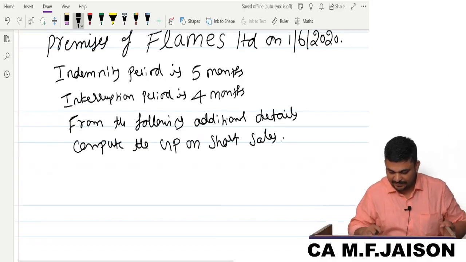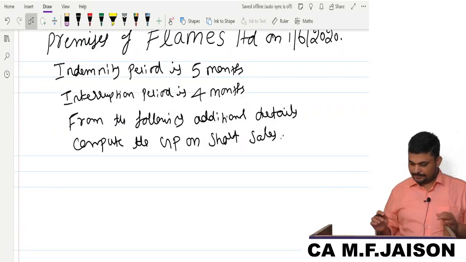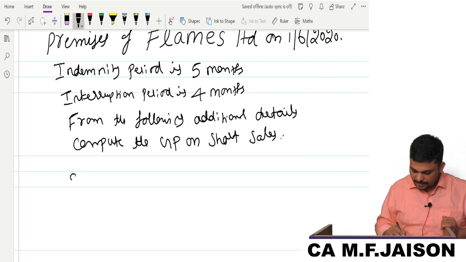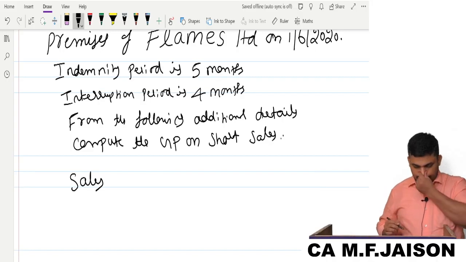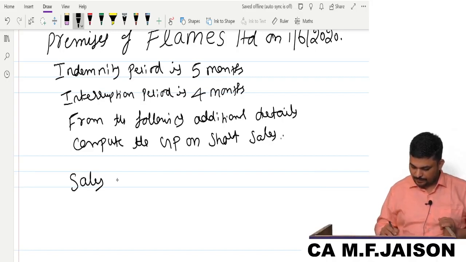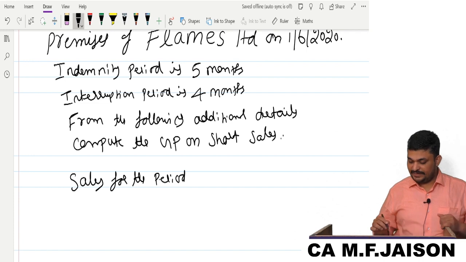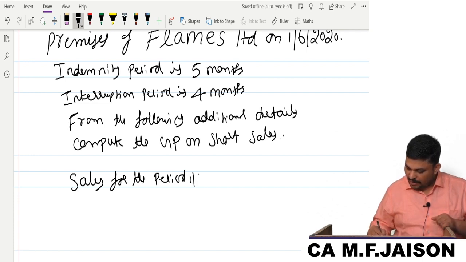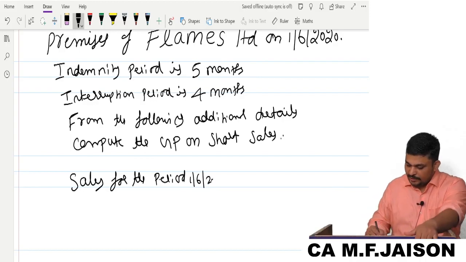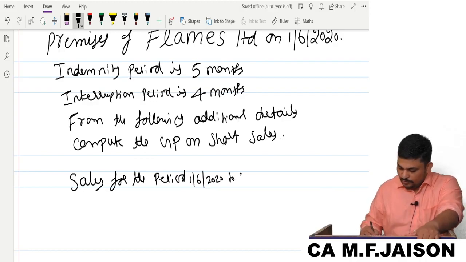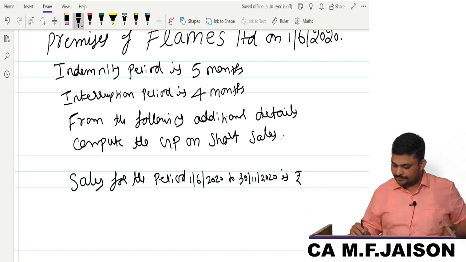Now inputs are going to be ready, my dear friends. Okay, so listen carefully. Sales for the period 1/6/2020 to 30/11/2020 is rupees 2,50,000.